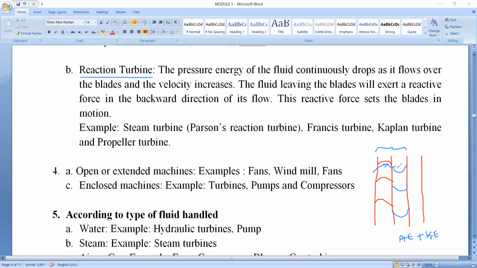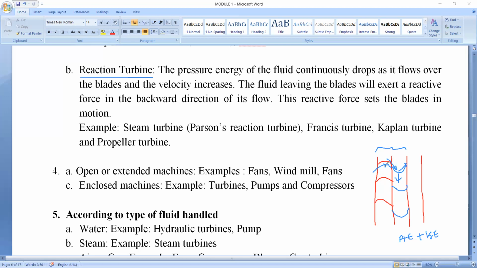Why do we use these reaction turbines? As the fluid leaves the set of moving blades, it experiences a back pressure, a back force, which is also responsible for rotation of the moving blades. So there are two types of forces acting over the moving blades.